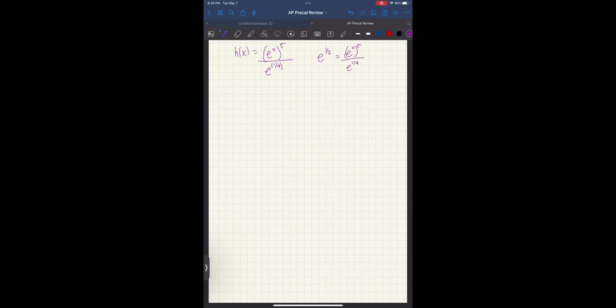Okay, so what's the first thing I do? Well, I can say this is the same as e to the 5x divided by e to the 1/4. And when I have same bases being divided, what do I do with my exponents?